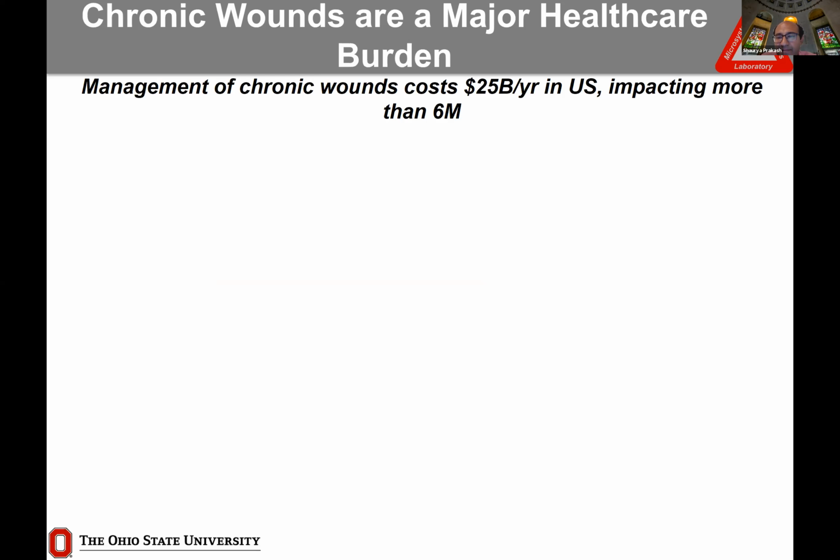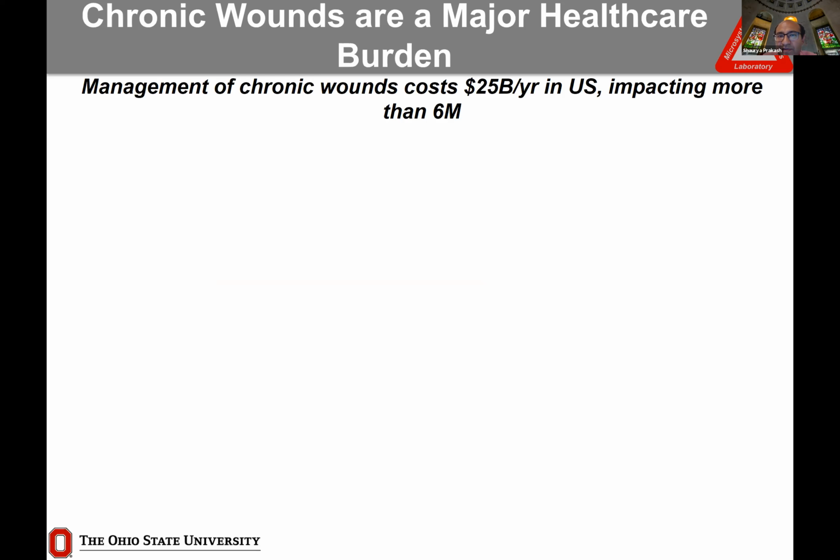So the first example I wanted to talk about is that of chronic wounds. Just to put things in perspective, chronic wounds could be something like a diabetic ulcer. It could be somebody who suffered a burn injury that has not been healing because of severe damage to tissue. And management of chronic wounds in the United States alone costs our healthcare system about $25 billion a year.